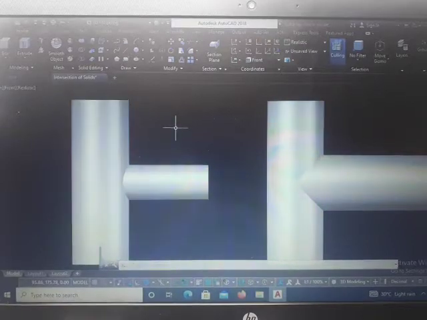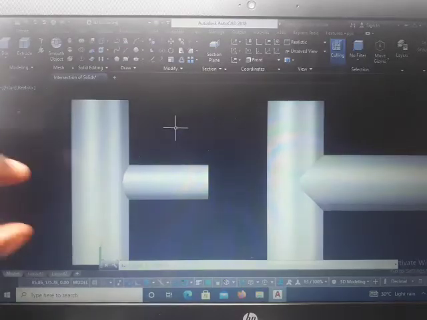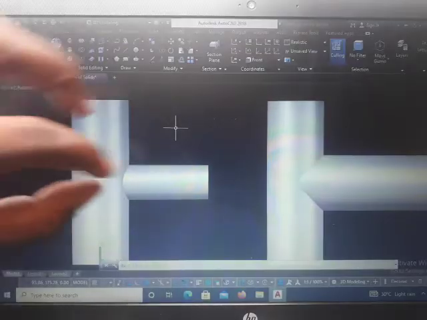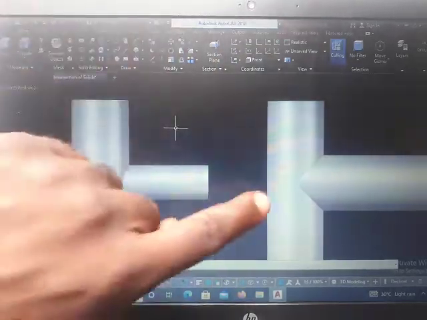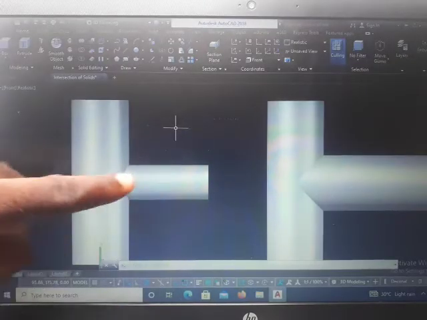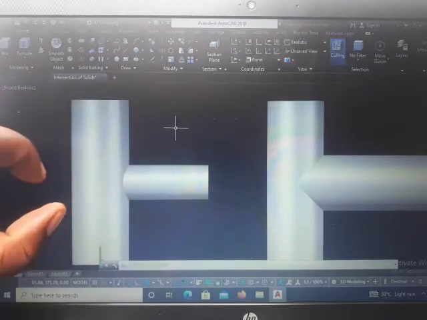Now, the thing the examiner is going to look out for, or the most likely question you're going to be asked, is to develop pipe A and also develop pipe B. When pipes are connected in this form, you say they are interpenetrating or intersecting.